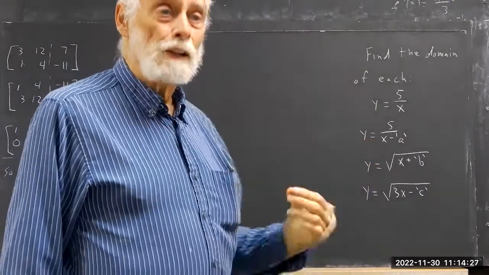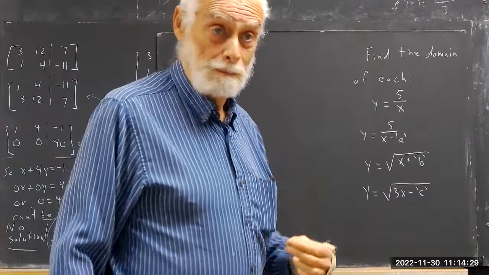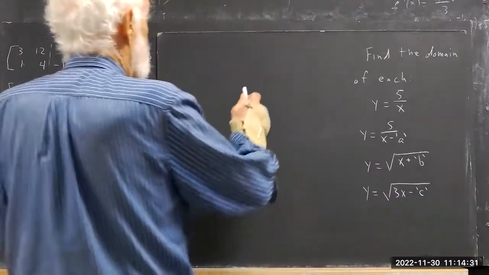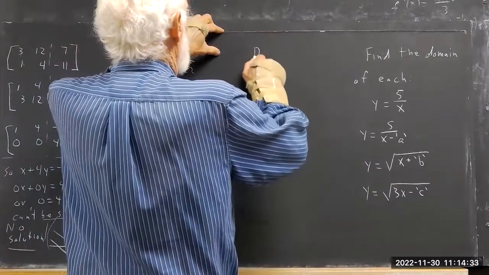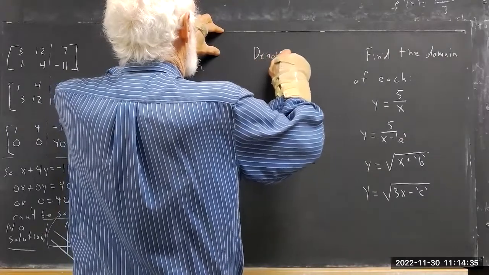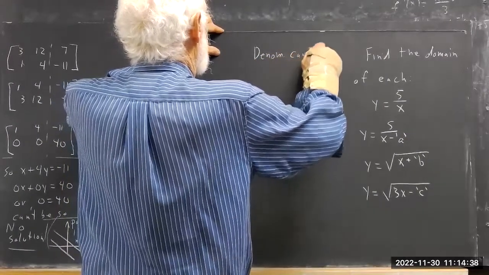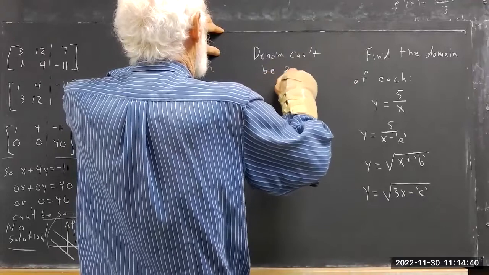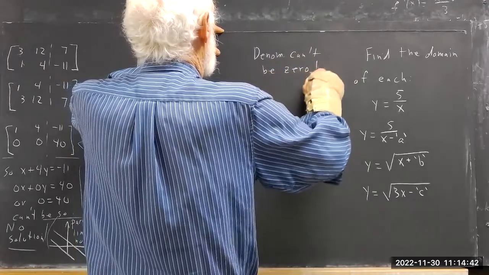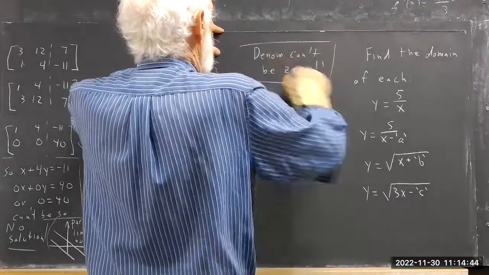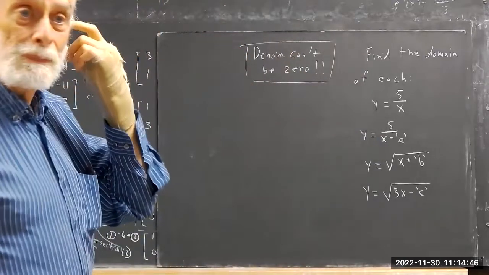Okay, well, what about this one? What you know is the denominator can't be 0. That's one of your principles.